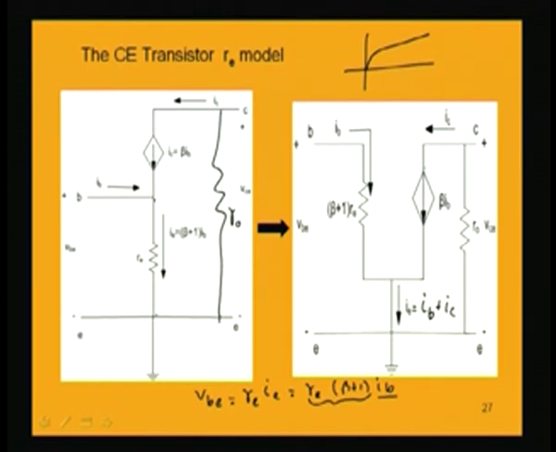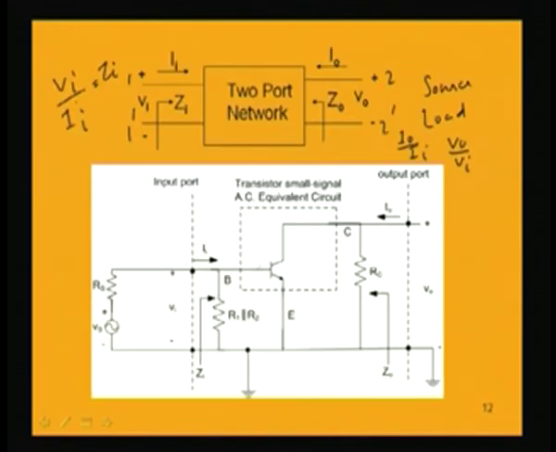So, now this circuit is the common emitter transistor equivalent circuit, which will be used in the AC equivalent circuit, and the further analysis will be now done for finding out the relevant parameters like input impedance, output impedance, voltage gain, current gain, all these will be found out.